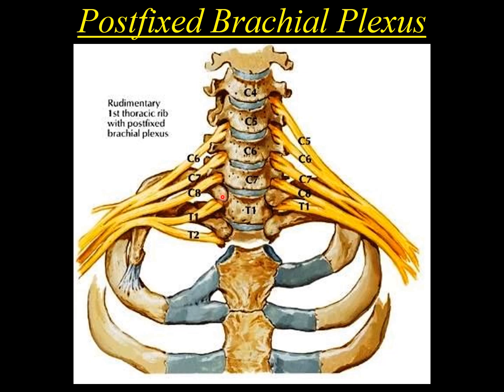So it is an abnormal condition, a variation, in which the first rib is a little bit ahead. So the roots which are giving fibers to the brachial plexus are now C6, C7, C8, T1 and T2. This type of plexus is known as postfixed brachial plexus. It is a variation, not a normal condition.